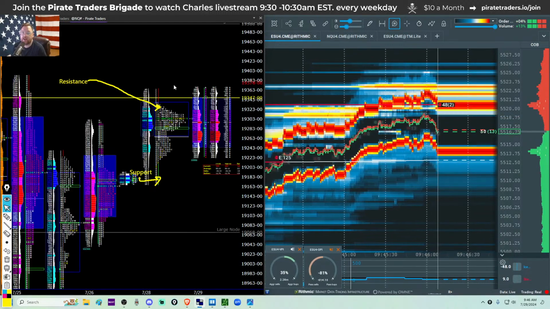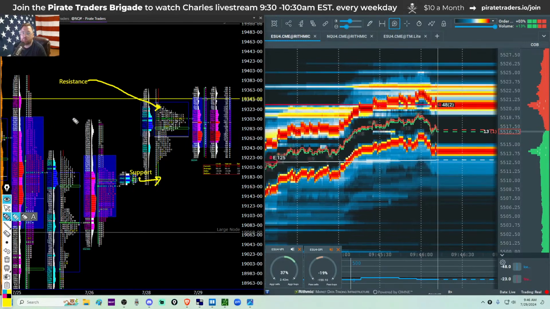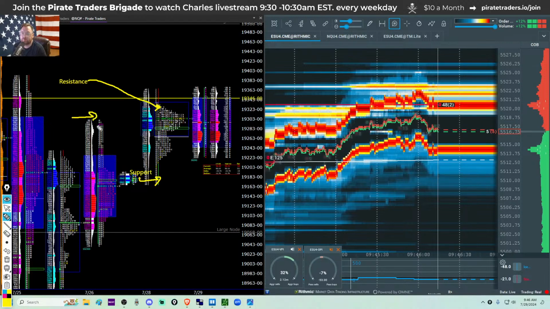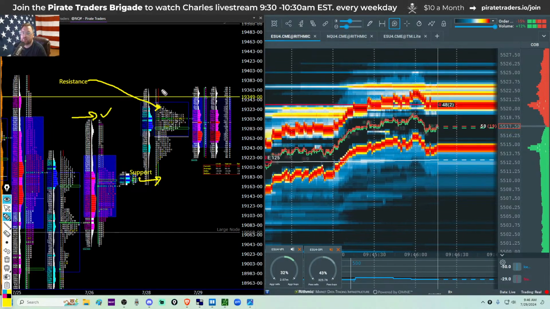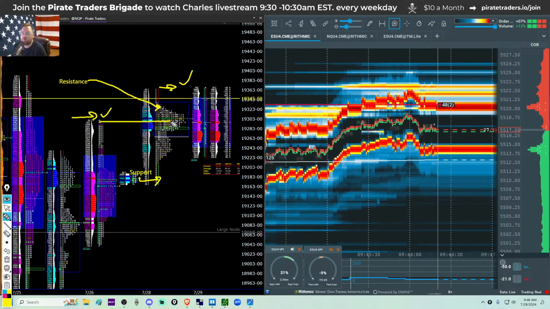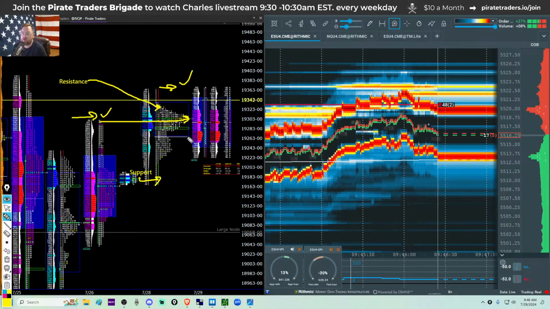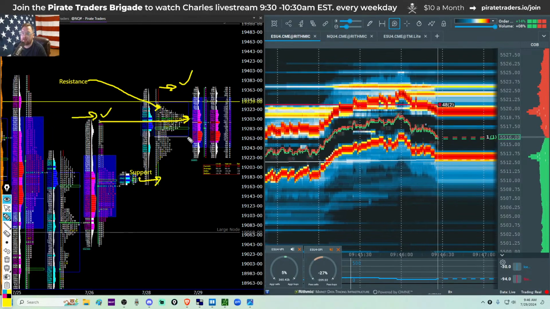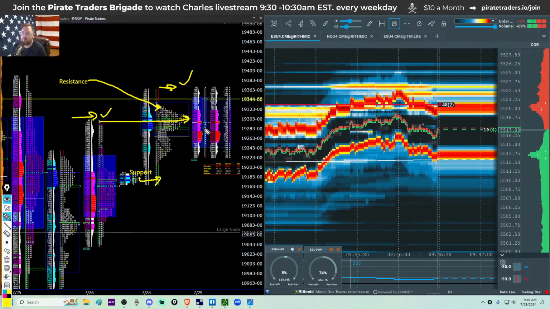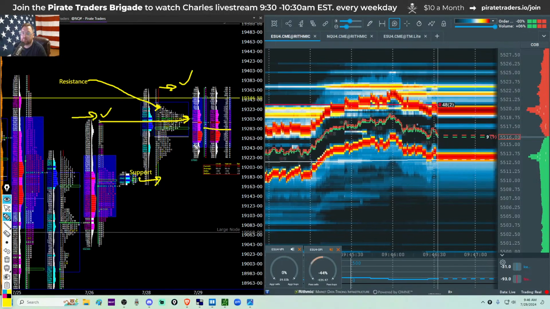Okay, so there's the test of the overnight high on the NQ. So step one, they got above Friday's high, check. Step two, they tested the overnight high, check. Now they got to turn Friday's high, 19,303, into support. They got to hold that high and stay above 19,283 if they want to keep this momentum going.